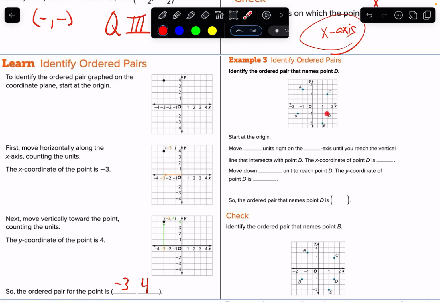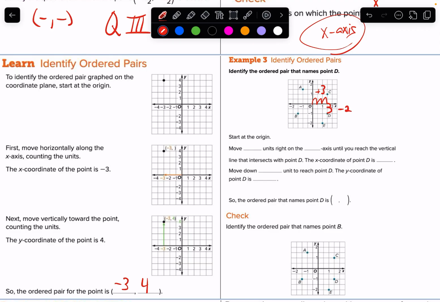Okay, so that's my point down here. So starting at the origin, I'd have to go 1, 2, 3 over. And then I would have to go, where was I? 2 down. So I'm going 1, 2, 3. Sorry about the phone. I'm just going to keep going because if I stop, I have to start over.